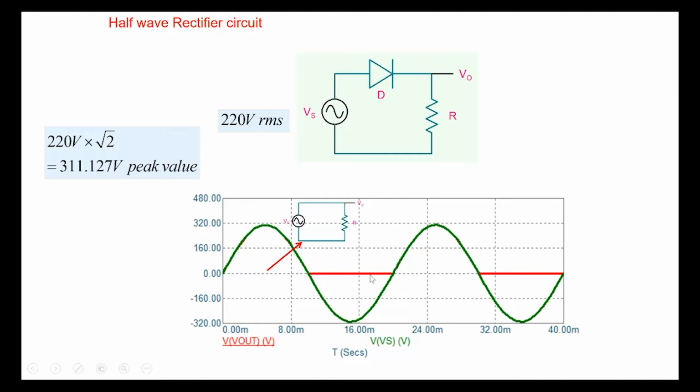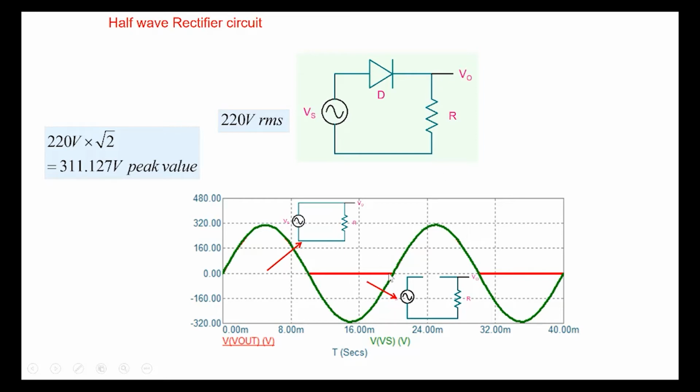And in the negative cycle, the diode is reverse biased, and therefore it's an open circuit. Of course, we are assuming that the breakdown voltage of the diode is much higher than the peak value of the voltage that you see here. And so what we get is this: it is an open circuit, and therefore there is no current, and V0 is equal to 0 here.